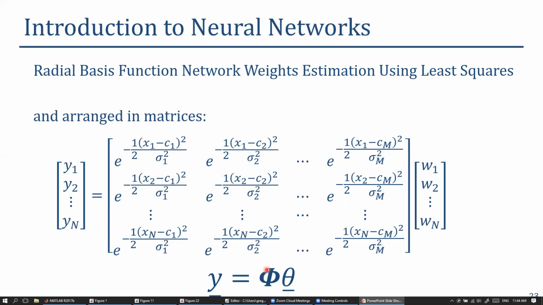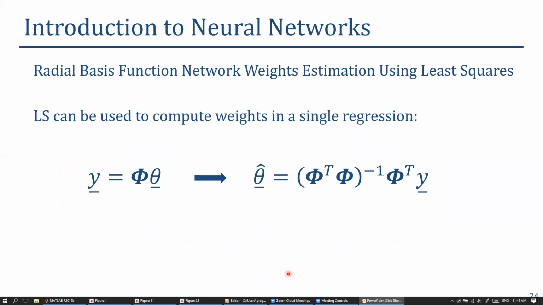So then we end up with the least squares equation, the standard linear equation, which is a system of equations linear in parameters. And in this case, we can then use least squares regression in order to find the parameters.